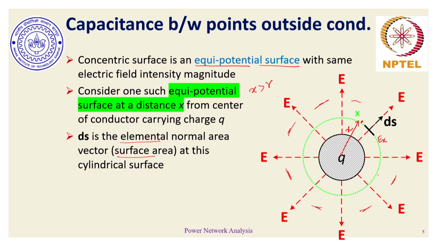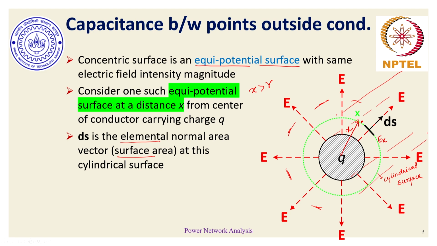That's why this green dotted line also represents a cylindrical surface. If drawn on a 3D plot, it would represent a cylindrical surface parallel to the length of the charged conductor.